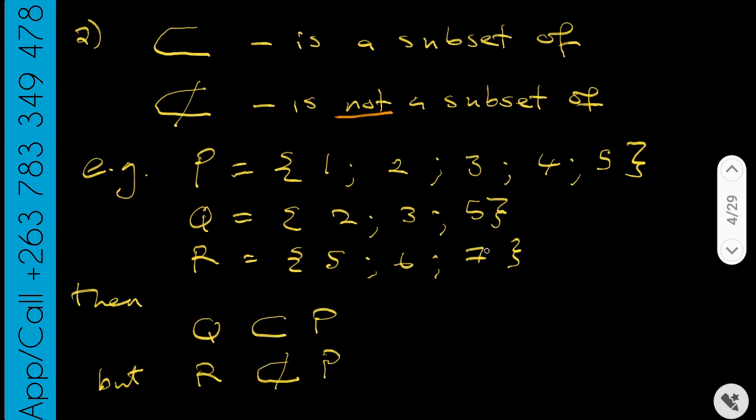I'll realize that some of the elements in this set are not found in set P. For example, 6 and 7. And so R is not a subset of P.